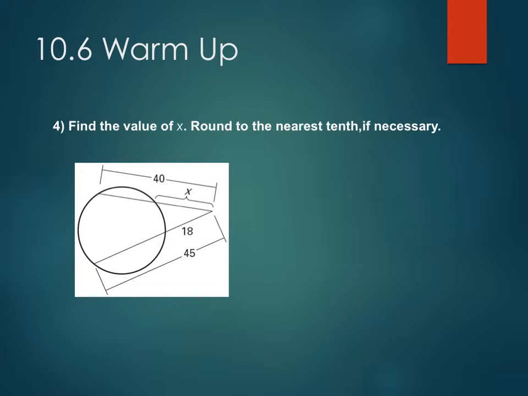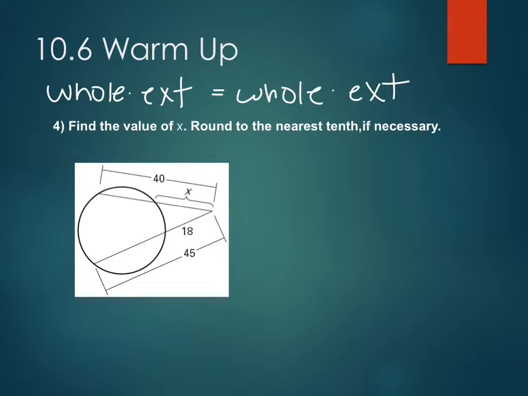Okay, this is what? Two types of segments. Two secants. So this is whole times external equals whole times external. So the whole here is this whole segment, which is 40. The external part is the x. The whole secant segment here is 45 times the external part, which is 18.